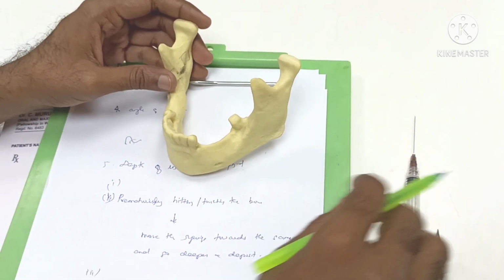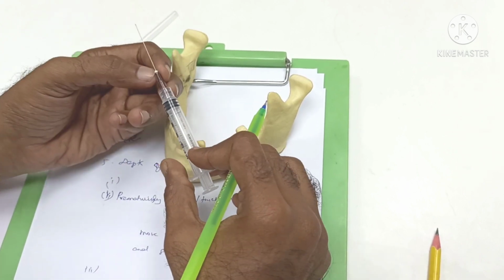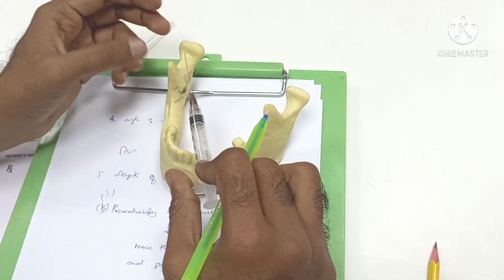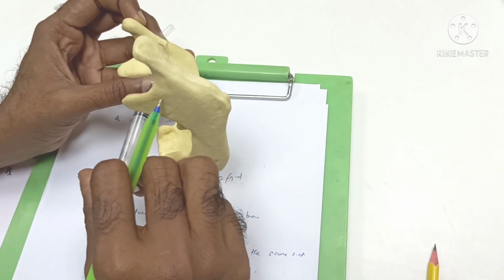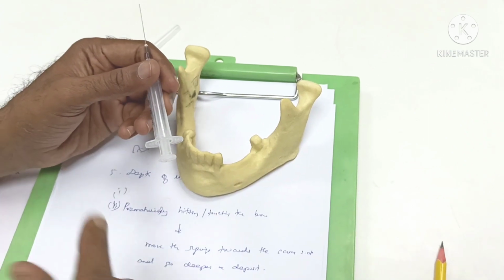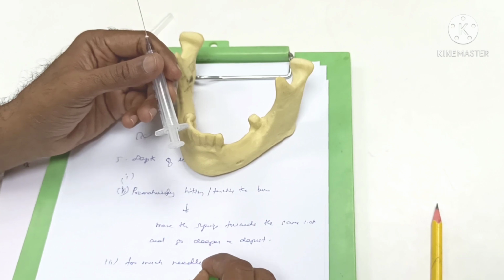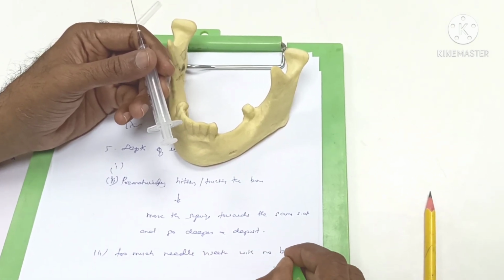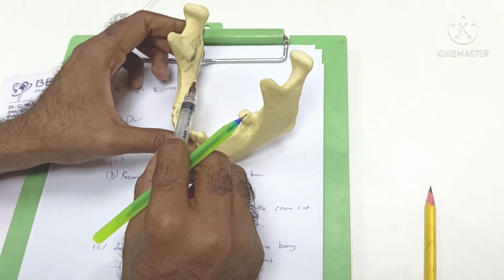The third possibility is that the entire needle has gone inside the tissue but there is no bone touching. That means you are entering past the distal border of the ramus, that means into the parotid. So too much needle insertion with no bony contact means you are entering like this.